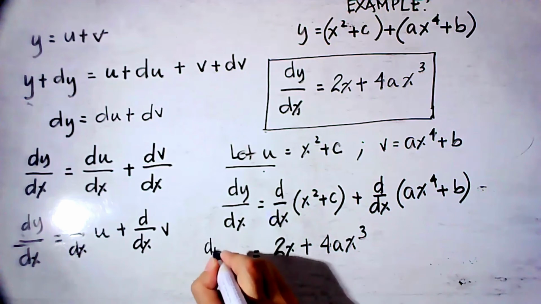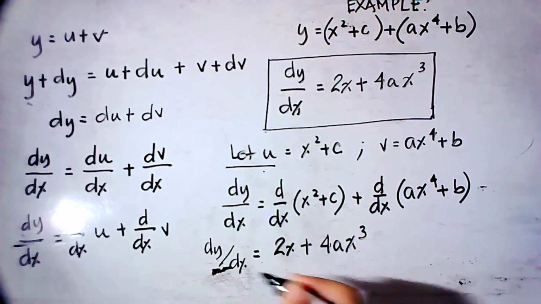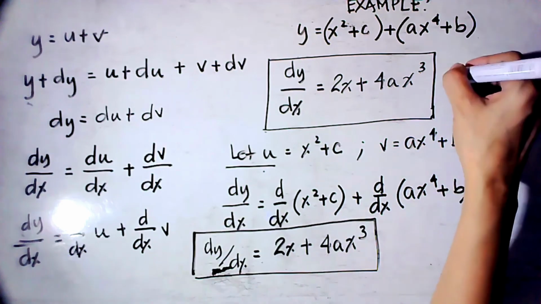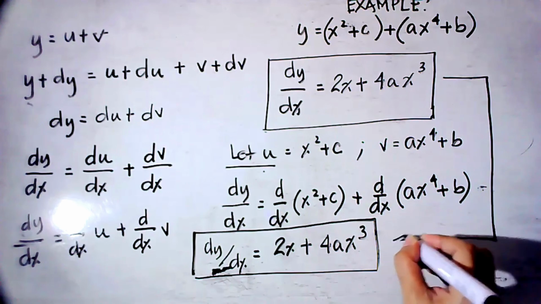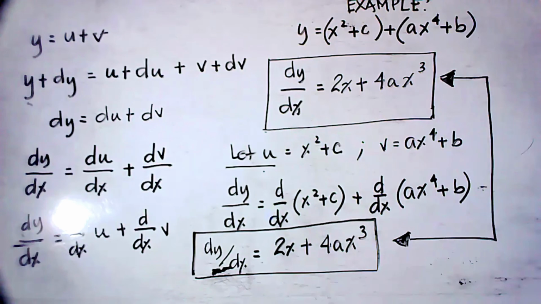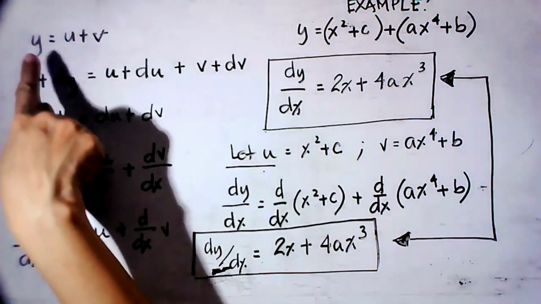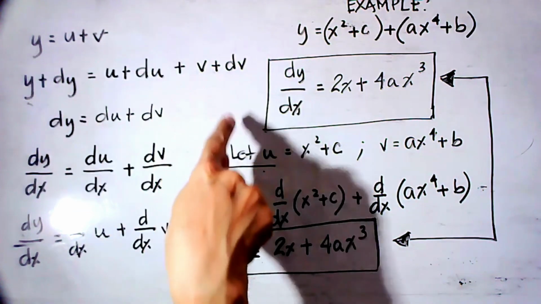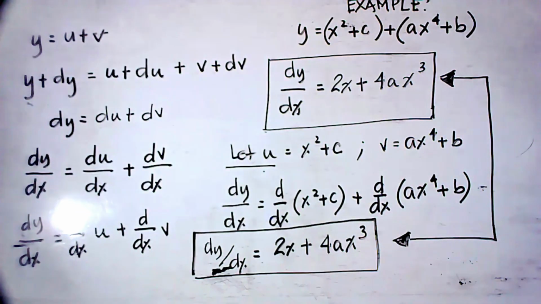So that is dy over dx, and you would notice we've got the same value here. Exactly as before, if there were three functions of x, say y equals u plus v plus w, you just add, and you use the same procedure.